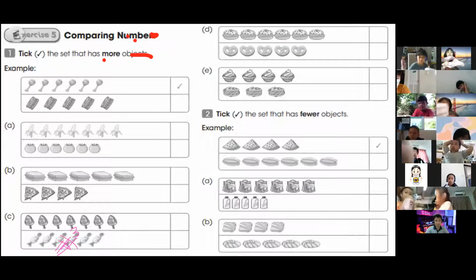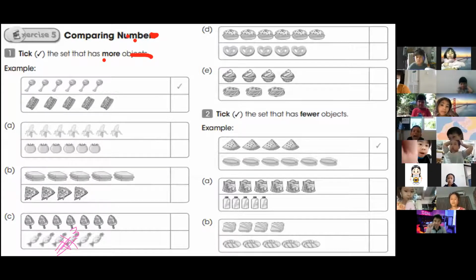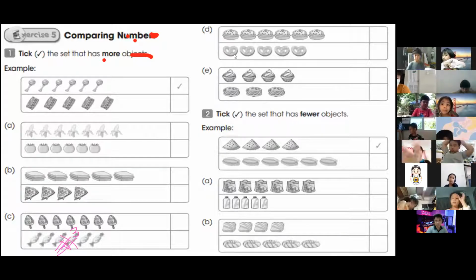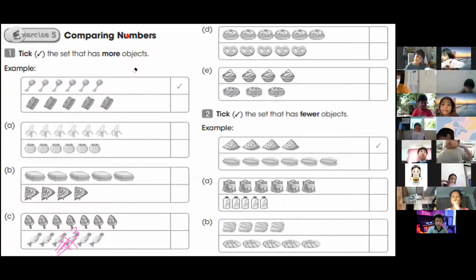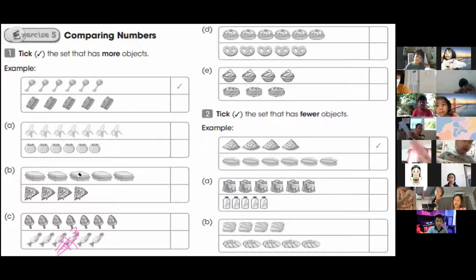Here, let's try this one. Here we will just tick the set that has more objects. Okay, more objects. Let me erase this one first.